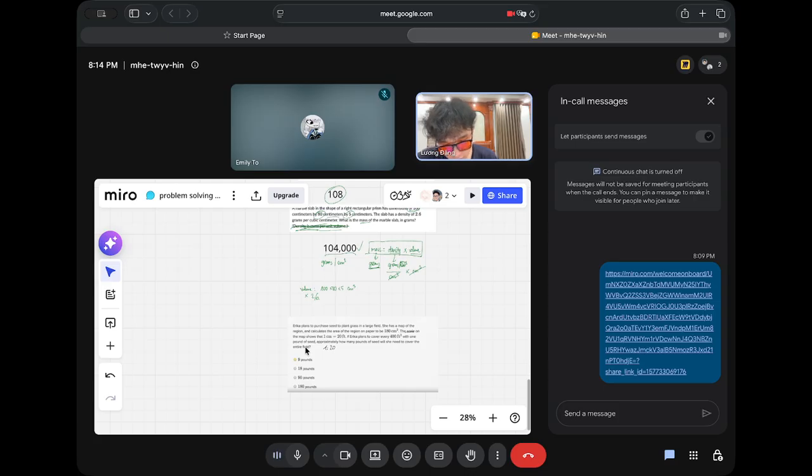But here they show us the unit conversion. 1 centimeter represents 20 feet in reality, right?